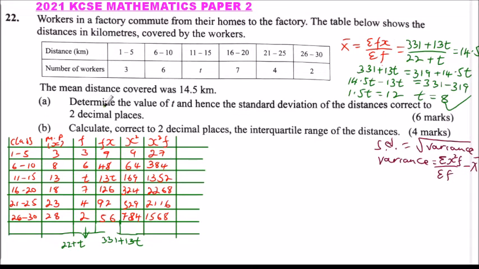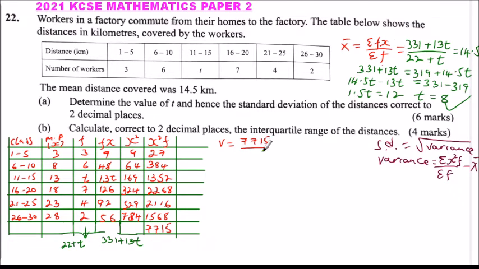Now we can come here and say variance is equal to, we have said it's summation of x. So we sum up this. Use your calculator to sum up that. So that should give you 7715 when you add up all this.